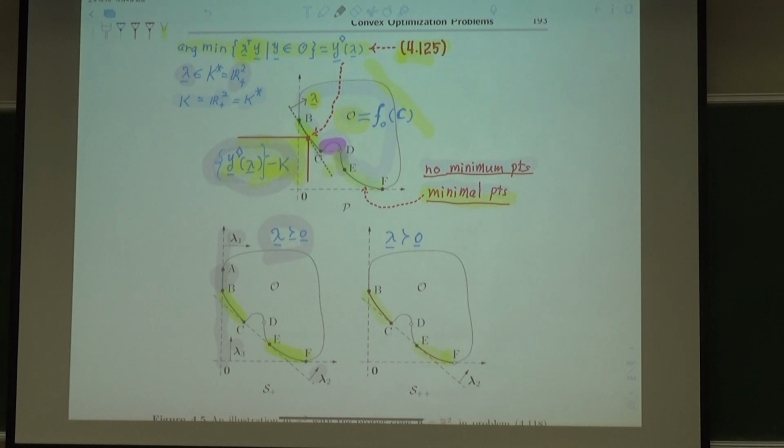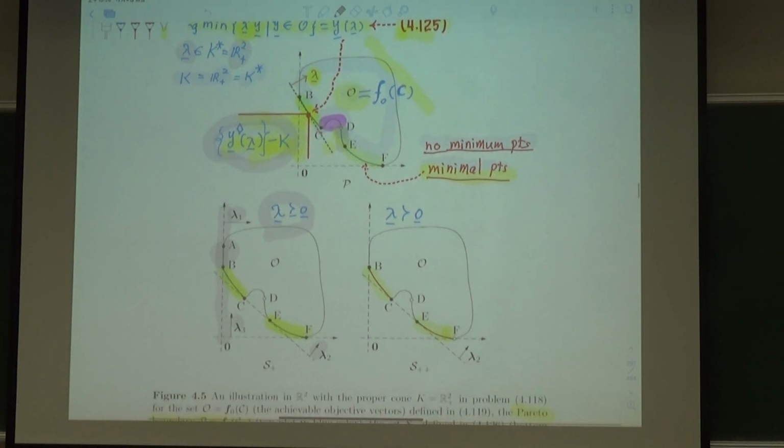Okay, those solutions in green color here, we will obtain the set we call S plus on this boundary. But as you know, this green color here from B to C, E to F, they are minimal points, but they are a subset of S plus.